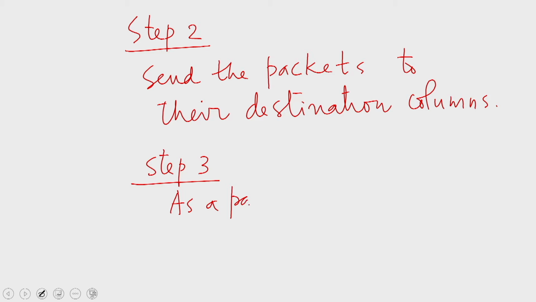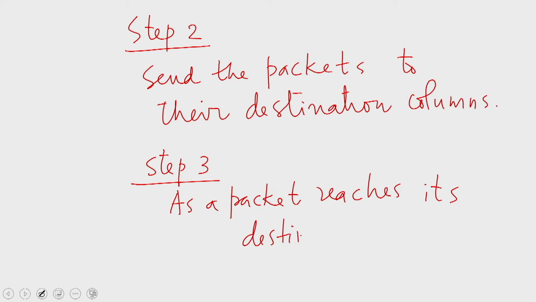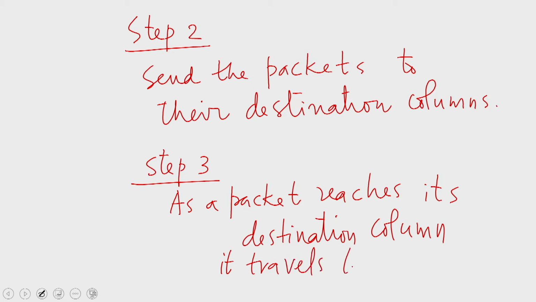As a packet reaches its destination column, it travels towards its destination row.